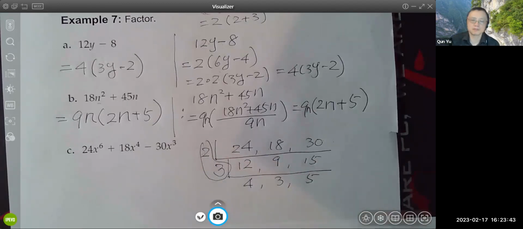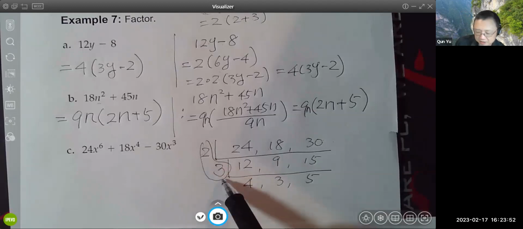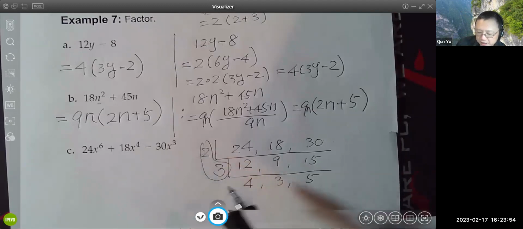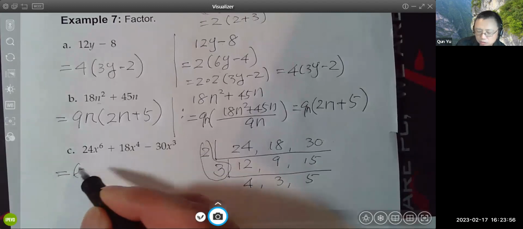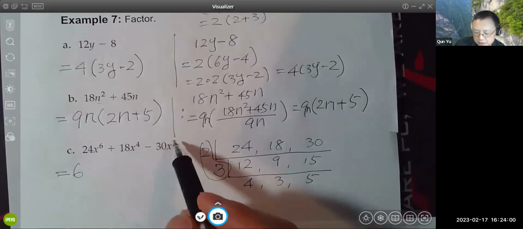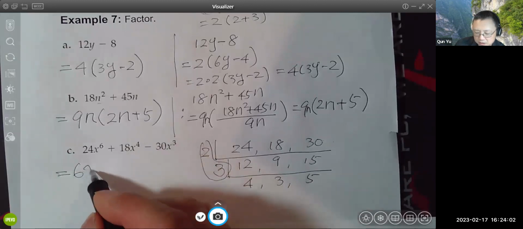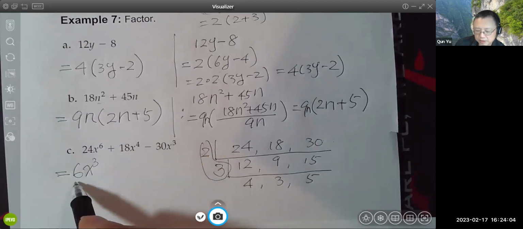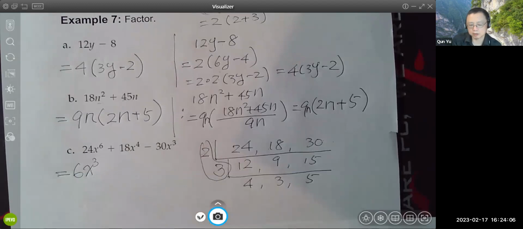I remember we mentioned in the last video, greatest common factor is also called greatest common divisor. Multiplying them together is 6. So 6 is our numerical part of the greatest common factor. How about x? 3 is the smallest one. So 6x cubed together, this monomial is the greatest common factor.